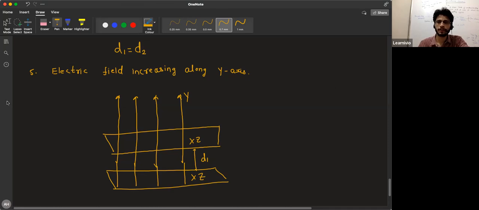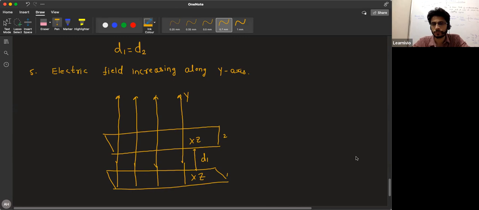So Hishma, now again the same question. Let's draw a third surface. This is the first surface, this is the second surface, and I have to draw another, the third surface. What will be the separation of the second and third surface as compared to 1 and 2? Will the separation remain the same, increase or decrease? Hishma?